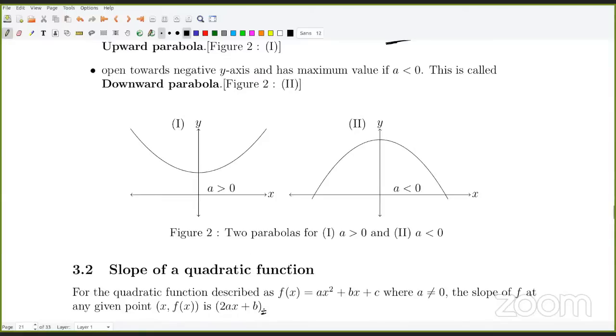In a straight line the slope is the same at every point, but in quadratic functions the slope varies, changing depending upon the x coordinate of that point. So at any given point x comma f of x, the slope is 2ax plus b.